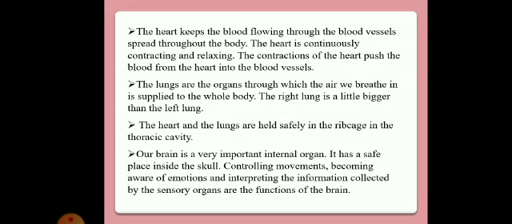The right lung is a little bigger than the left lung. The heart and the lungs are held safely in the rib cage in the thoracic cavity. Our brain is a very important internal organ. It has a safe place inside the skull. Controlling movements, becoming aware of emotions, and interpreting the information collected by the sensory organs are the functions of the brain.